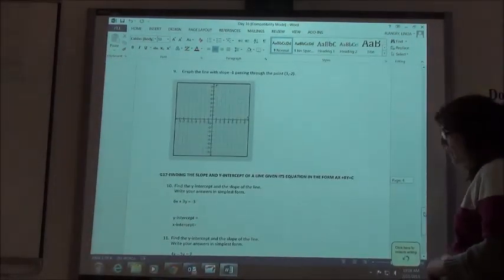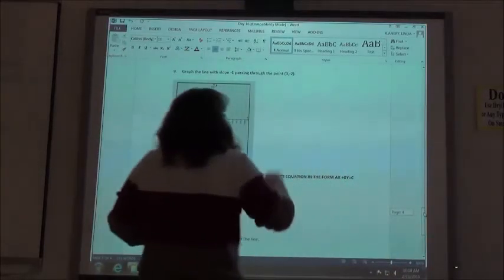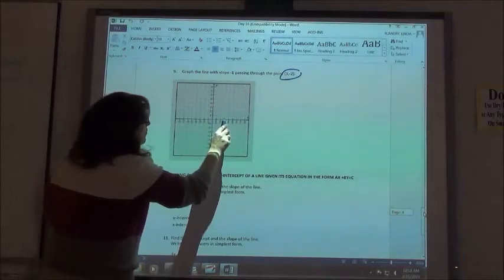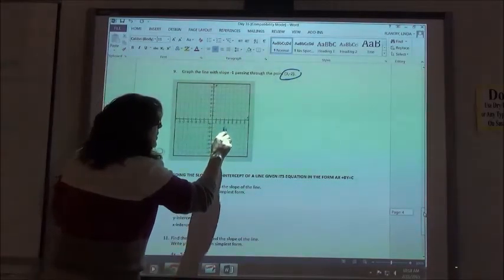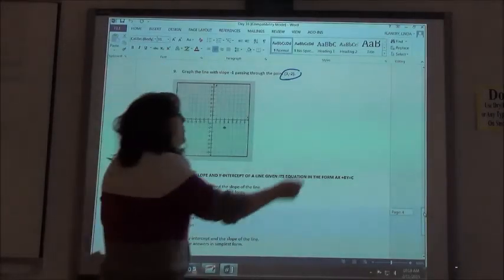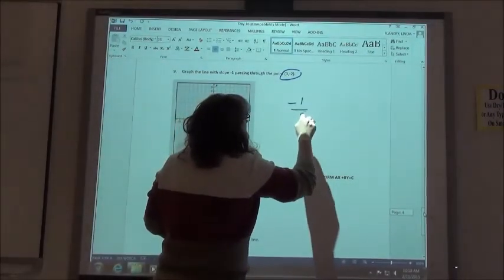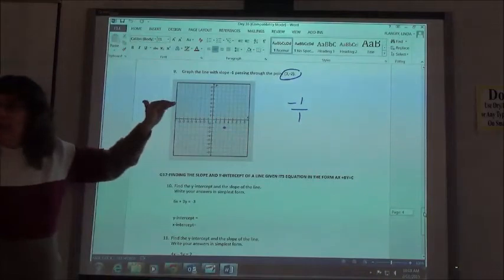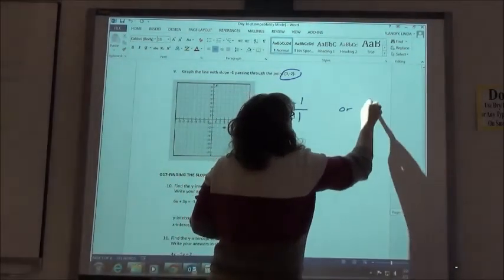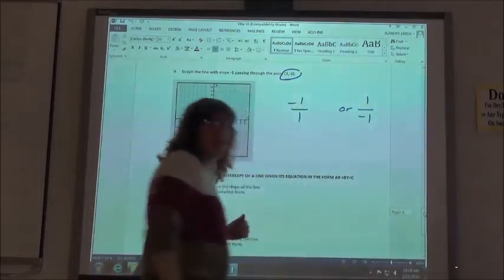The next one says we have a slope of -1. So again, we're going to start by plotting the point (3, -2). So over 3, down 2, there's my starting point. If my slope is -1, I can either write it as a -1 over a +1 or a +1 over a -1, right?